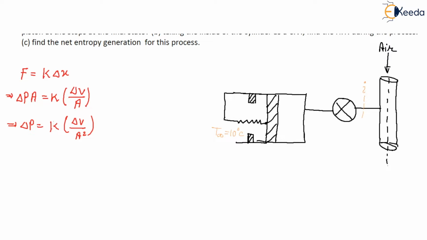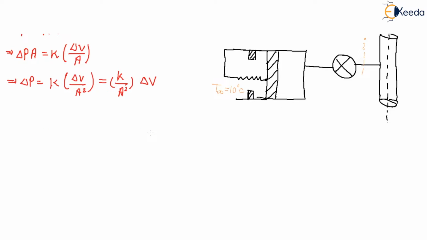Now the pressure will vary linearly with change in volume. The pressure inside the cylinder will vary with change in volume with a slope K by A square. So change in pressure is directly proportional to delta V, a linear relation. Now what is the delta P?